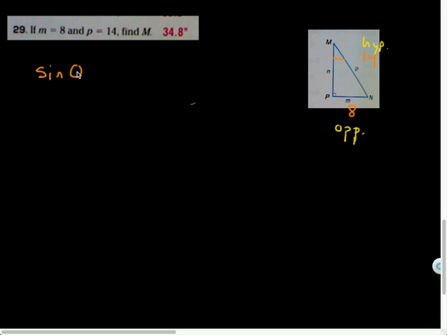So sine of my unknown angle, I was going to call it theta, but I guess I actually know what to call it. It's sine of m, will equal 8 over 14. So to solve this, what do I do? Sine inverse.